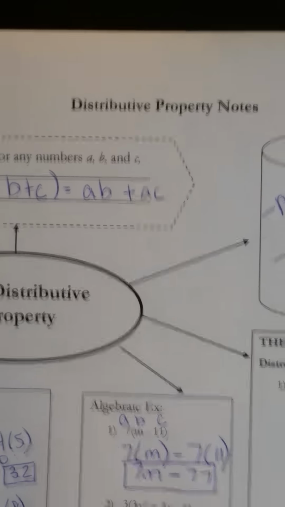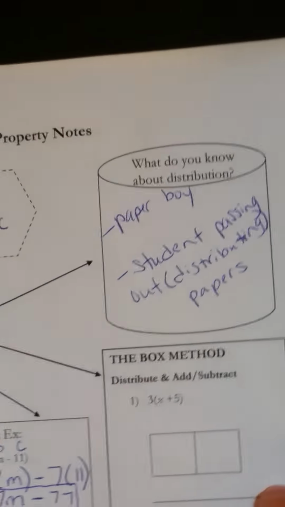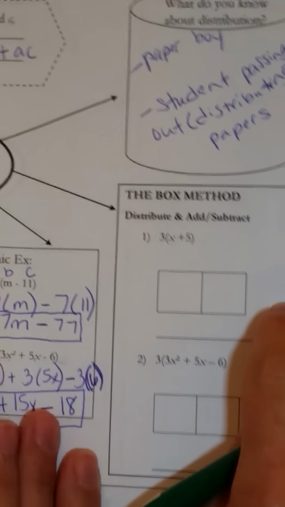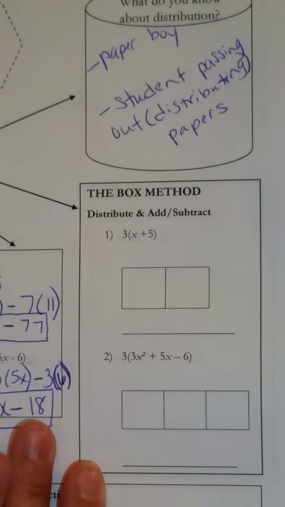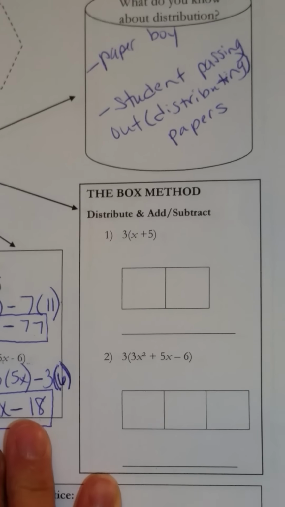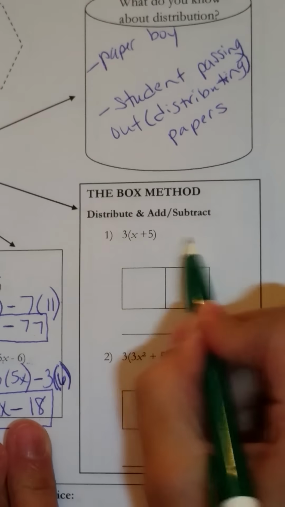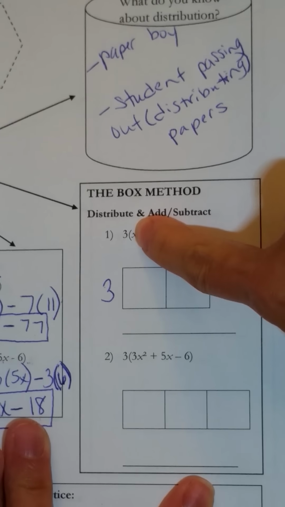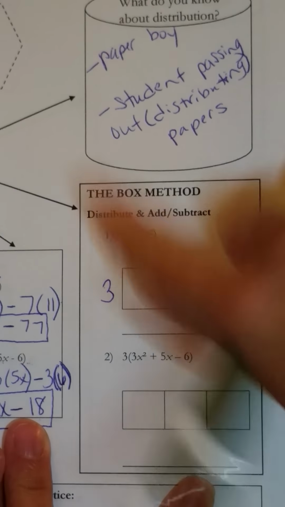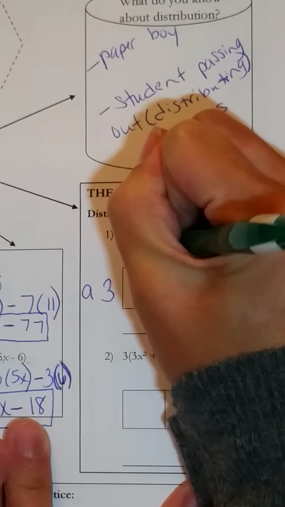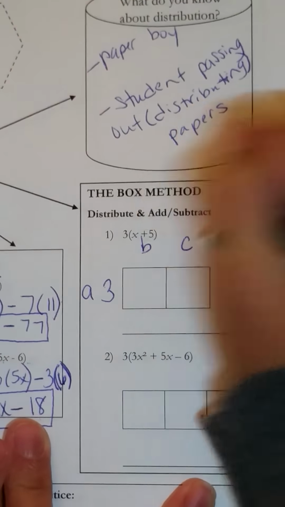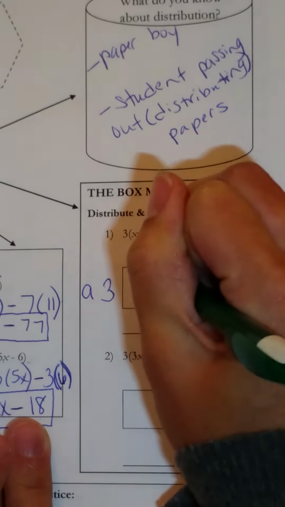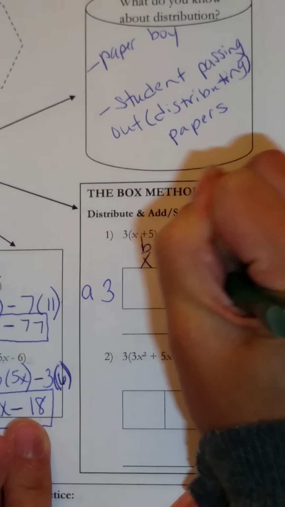Let's scroll on over here. This is just called the box method. It's just if they give it to you in a picture format, you just need to know how to do it. So just the same setup. Your 3 is going to go out here. Your A is going to go here. So this is the A, the B, and this is the C. So put your X here and your 5 there.